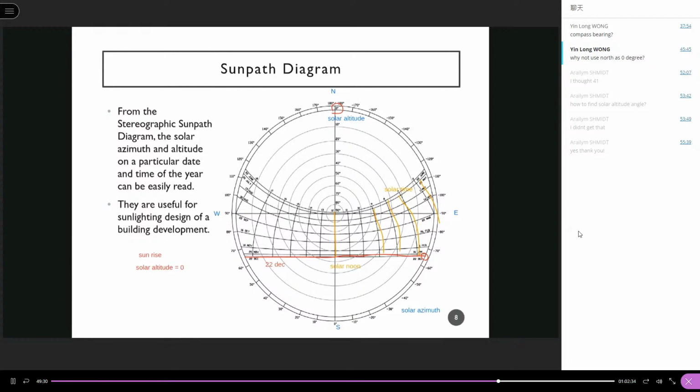Let's use an example of 10 o'clock. On 22nd of December, when it is 10 o'clock in the morning, what is the solar altitude? Can anyone tell me? You can type in the chat box, what is the solar altitude at 10 o'clock on 22nd of December.